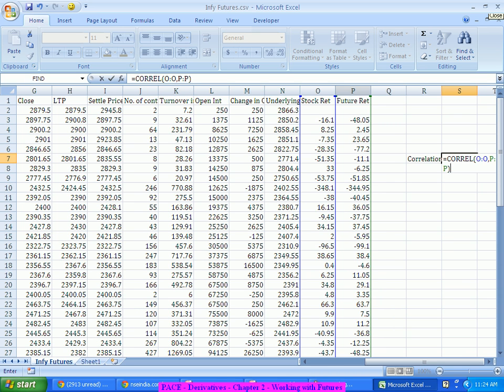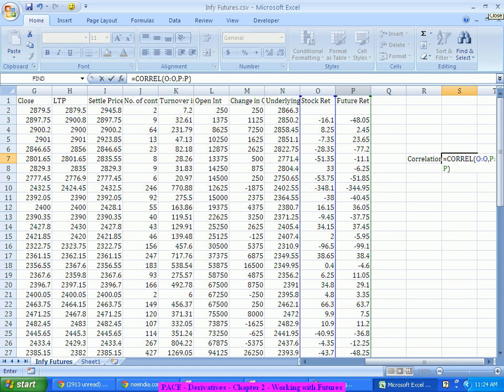If the correlation between any two securities' returns is negative, close to -1, I can buy both the securities and they will become a perfect hedge. But if the correlation is close to +1, I can do opposite transactions on both securities. If I buy one, I sell the other, and that will give me a perfect hedge. So the hedging can be built depending on whether the correlation is very close to 1 or -1. The closer the correlation is to 1 or -1, the more we can say that it is a perfect hedge to that particular security.